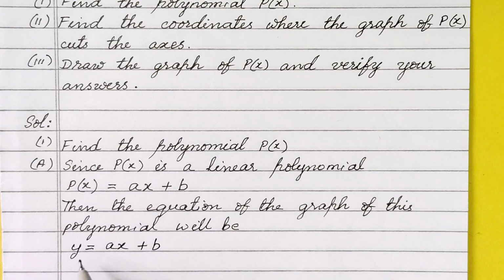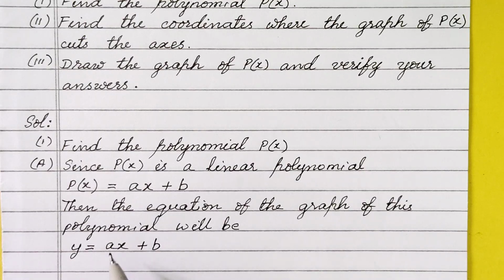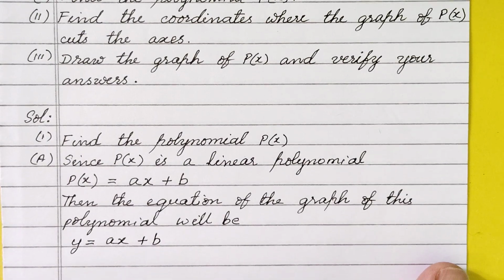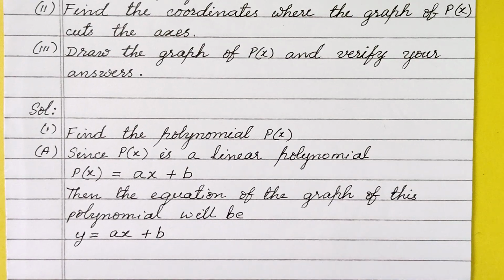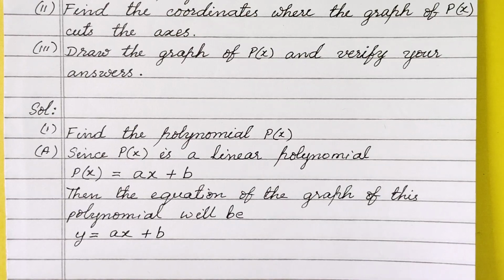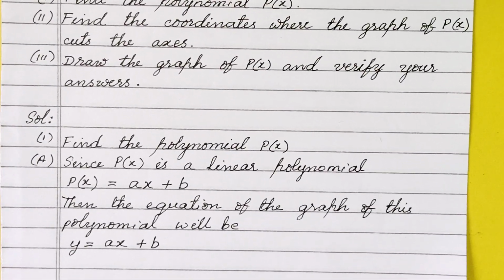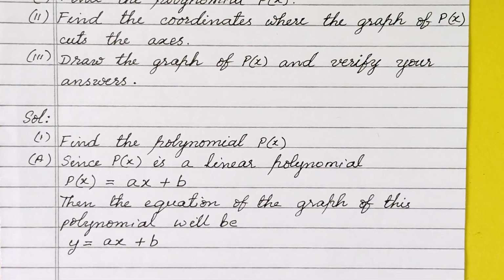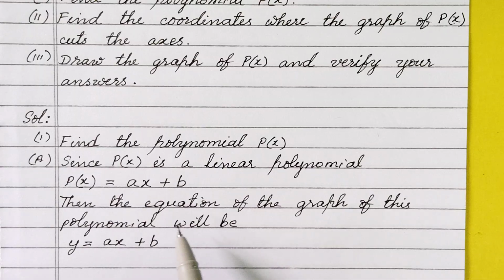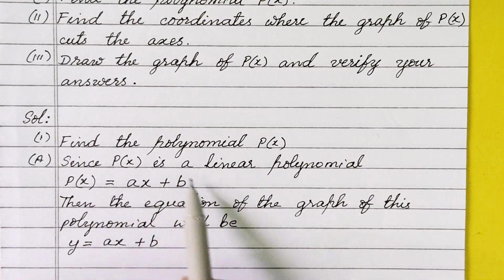This is the equation of the graph of this polynomial. He says the graph of the polynomial passes through (1, 5) and (3, 11). Here our aim is to find the values of a and b and get the polynomial.